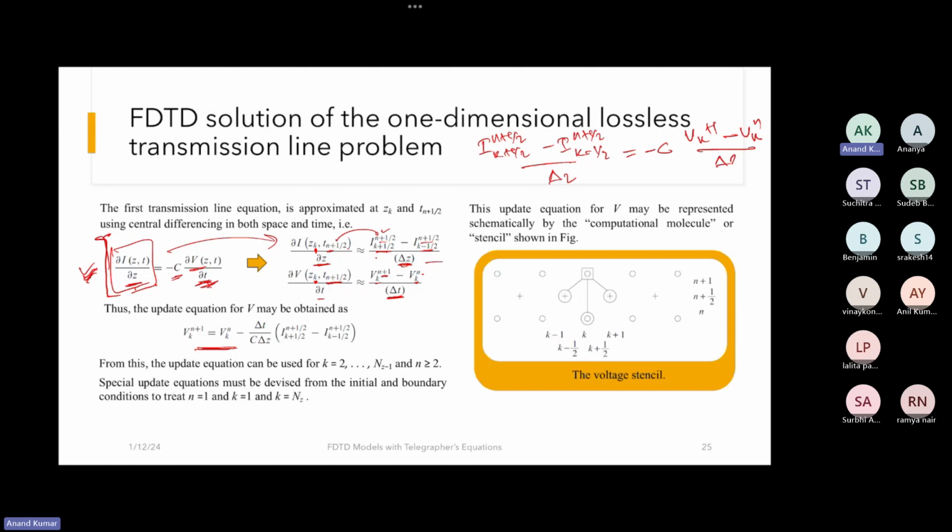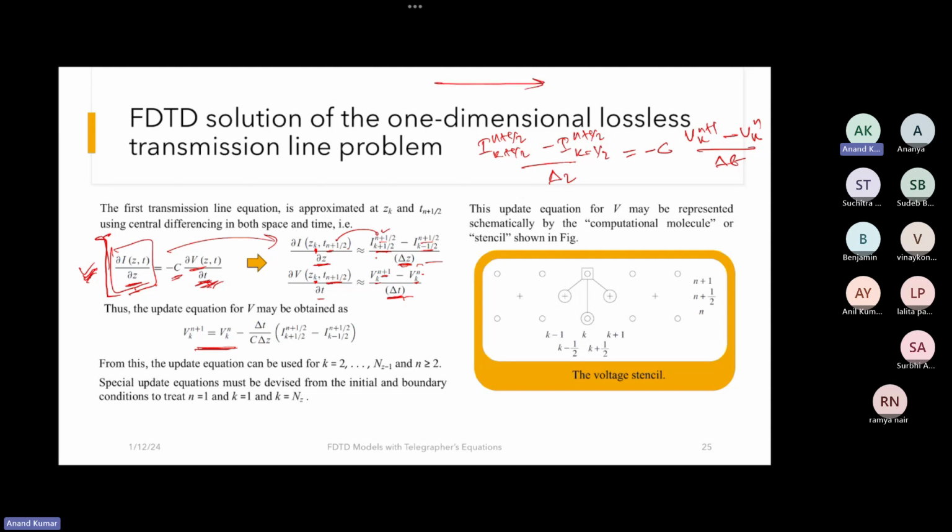So I've put these values at these two positions, and now we look for the latest value. The latest value here is v n plus 1. All the time instants, for example n or n plus half, come before the n plus 1 time.